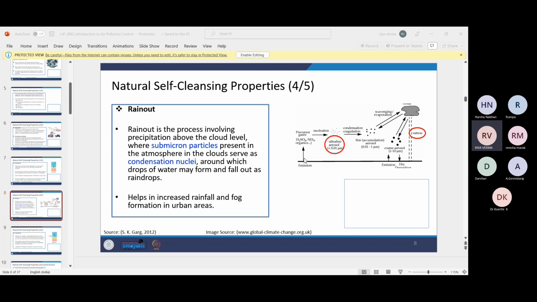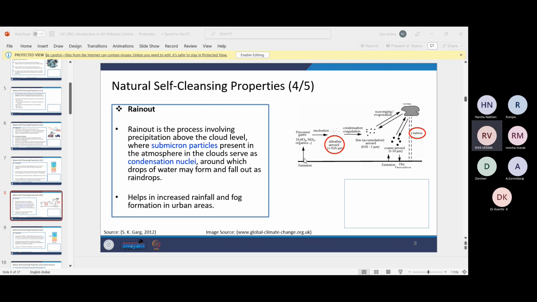So this is the process of rain out. Basically these ultrafine particles which are present in the upper levels of the atmosphere help increase the amount of rainfall and also fog formation in urban areas, because they serve as sites to attract the water vapor in the atmosphere.